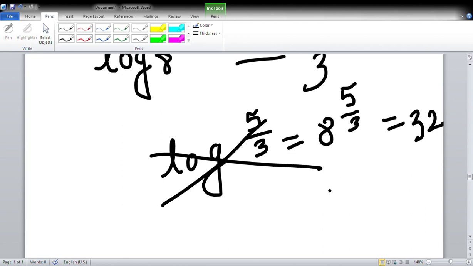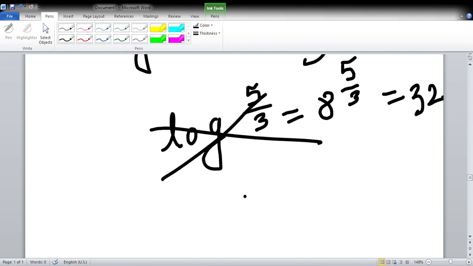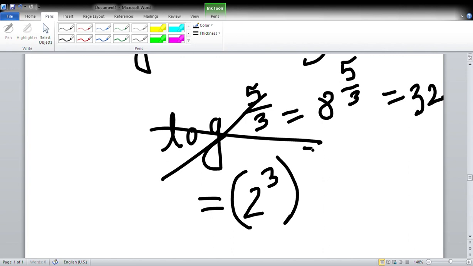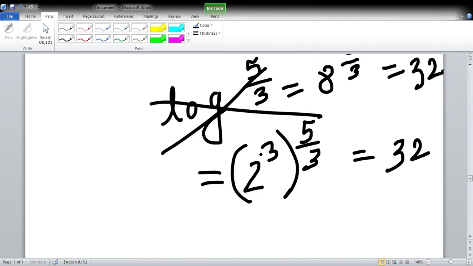To prove this, we have to use the concept of previous indices. We can write 2 to the power 3 is equal to 8, so 2 to the power 3 raised to 5 by 3 is equal to 2 to the power 5.